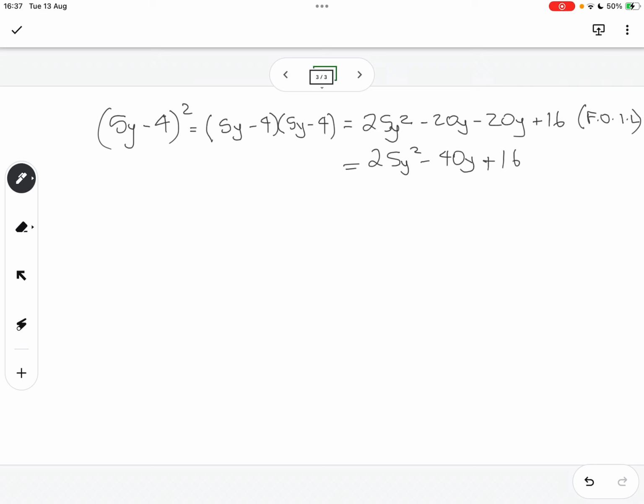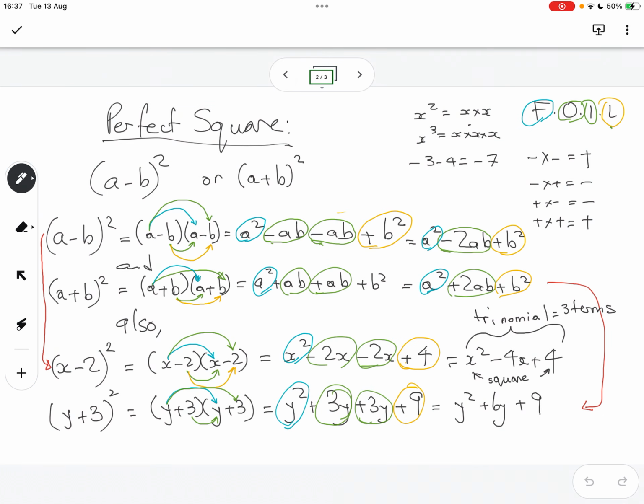The first and last terms are always positive as they are perfect squares. Okay, so what that also means is, if you checked the first and last term, there hasn't been a negative in either of them. Yeah, if we go back to the previous slide, we've always got a positive, positive, positive.